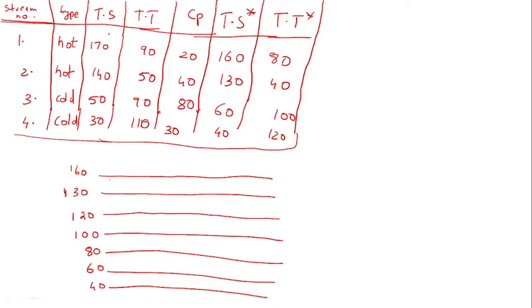So the first stream, stream number 1, is cooled down from 160 to 80. So from 160 to 80 cooling takes place, and the Cp value is 20.